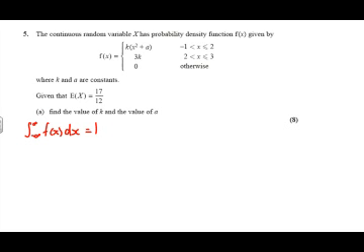Here, this continuous random variable has two separate functions, so I'm going to integrate them separately, sum them together, and the answer should be 1. So looking at the top function, k is a constant, so I'll take that straight outside.